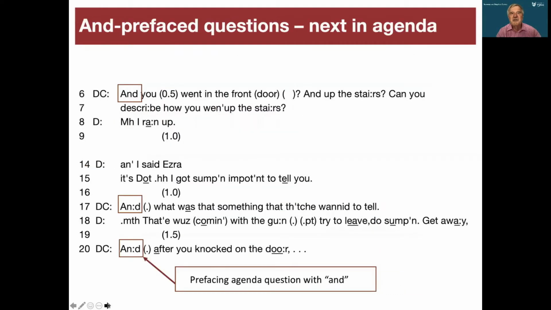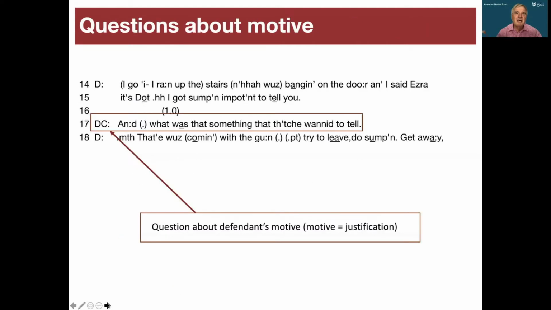You get use of "and" prefaces, which highlight that this is just a fairly neutral agenda. And thirdly, you get questions about the defendant's or witness's motives. These are just three. What I'm trying to convey is what makes the language of direct examination distinctive.